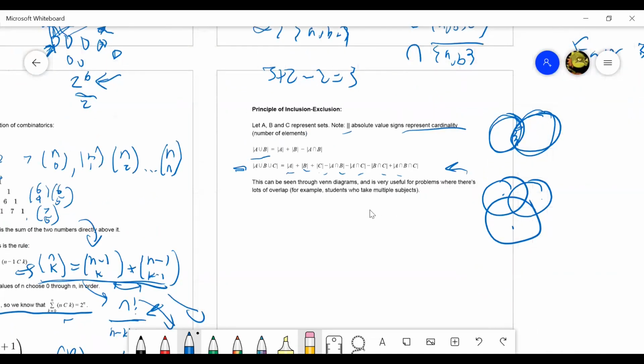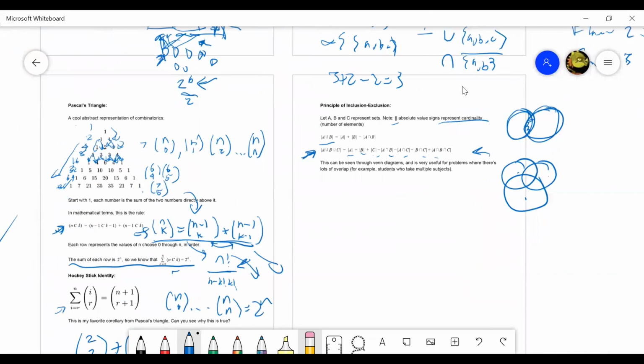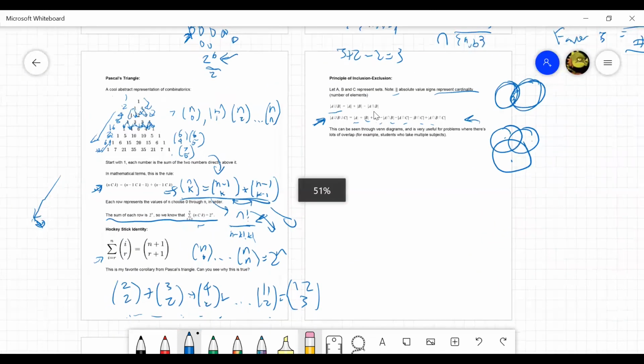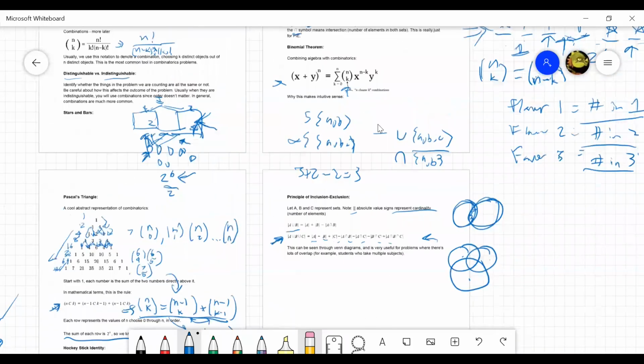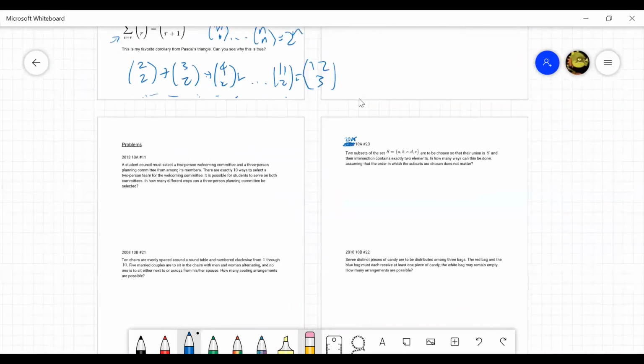This one especially is tested very often, so be sure to remember it. A lot of it is just intuition too. All right, so that's it for the notes section. If you have any questions, you can ask anytime. But otherwise, we're just going to go down to the problems.